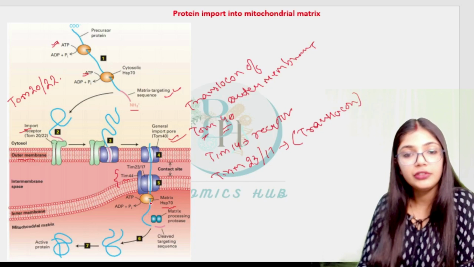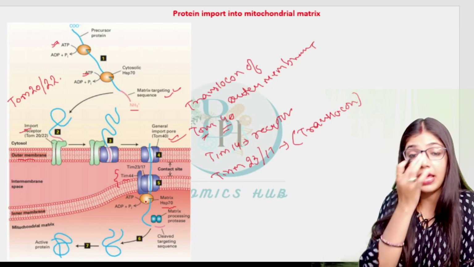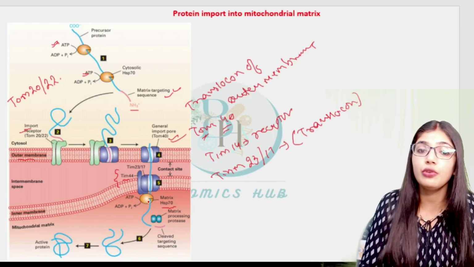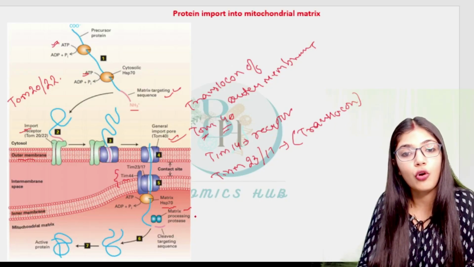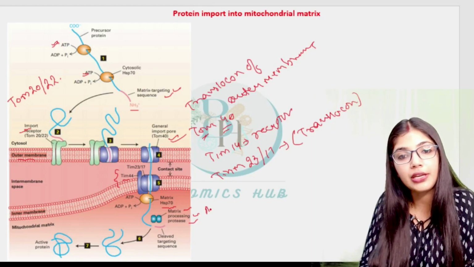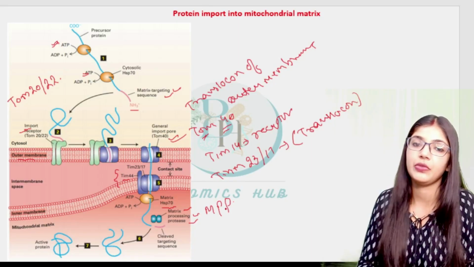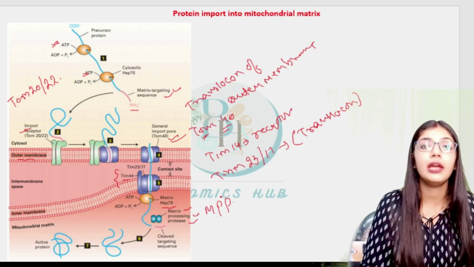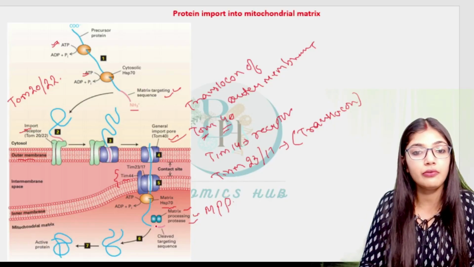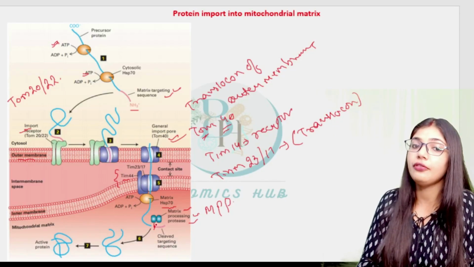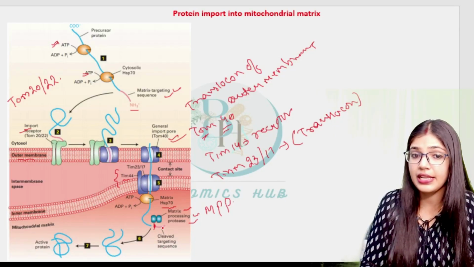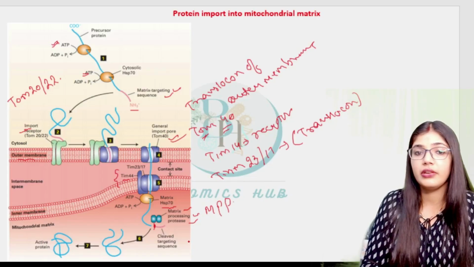After this protein has reached the matrix, it will be recognized by one protease known as mitochondrial processing protease, or MPP. So what is the work of this MPP? It will cleave the targeting sequence. After the cleavage of the targeting sequence, this sequence will be degraded.